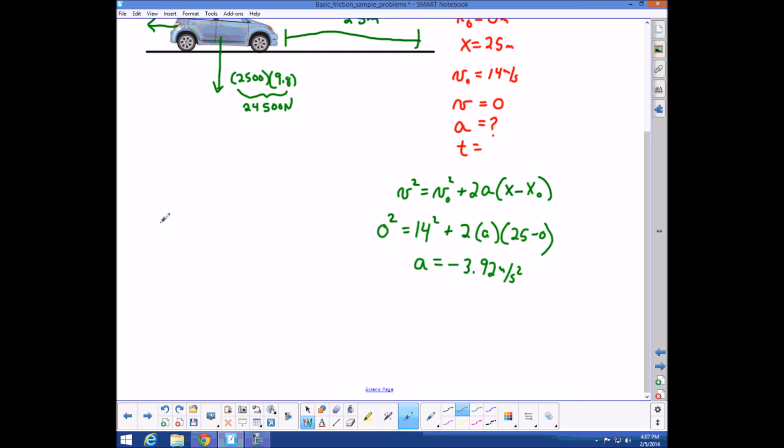So then, once we know the acceleration, we can find the net force. The net force acting on the car is the mass of the car, 2,500 kilograms, times the acceleration of negative 3.92 meters per second squared.